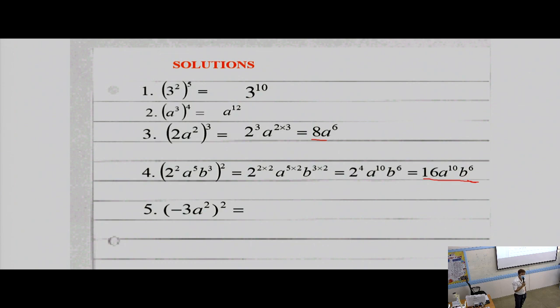What's the answer? The quantity of negative 3a to the power of 2 to the power of 2. That is? Anyone? What's the answer? Yeah. Stand up. What will be the answer?